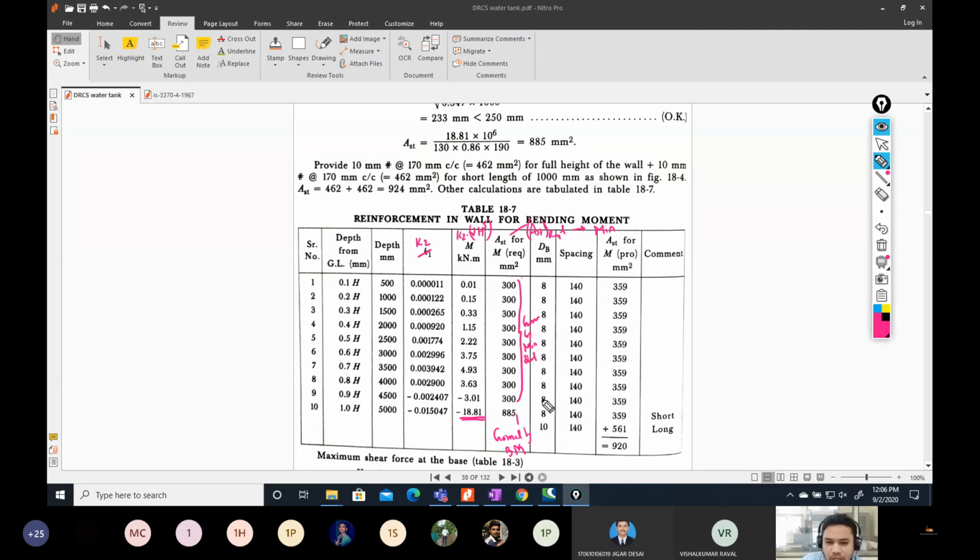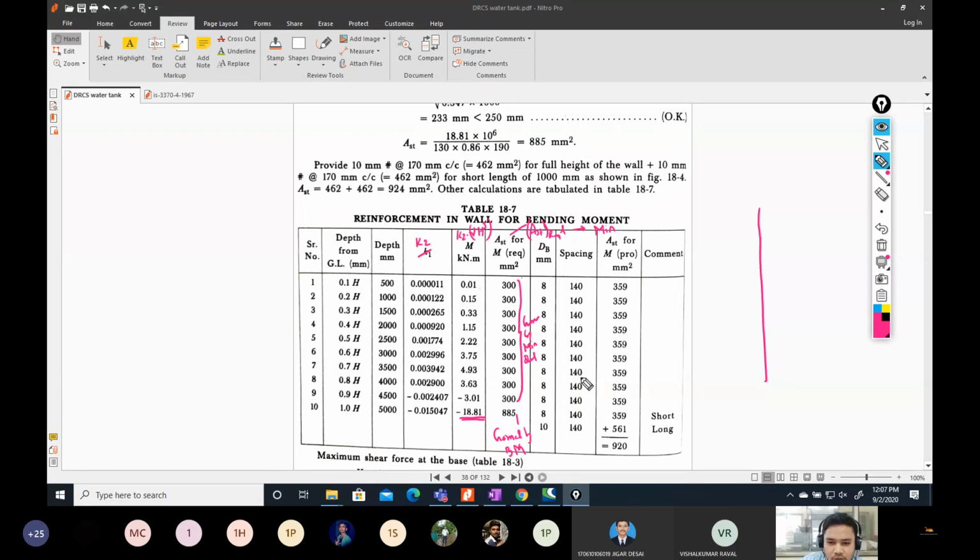And you can assume the bar diameter. Now these bars are provided in the form of vertical steel, so they have to be of same diameter. Here you cannot change the diameter, and also the spacing has to be same at different heights.